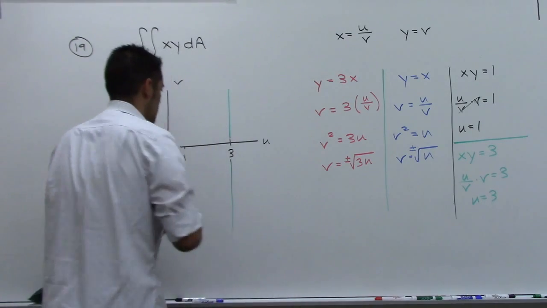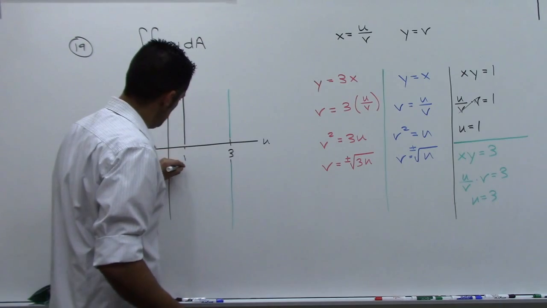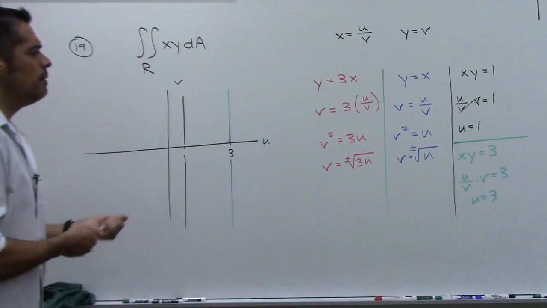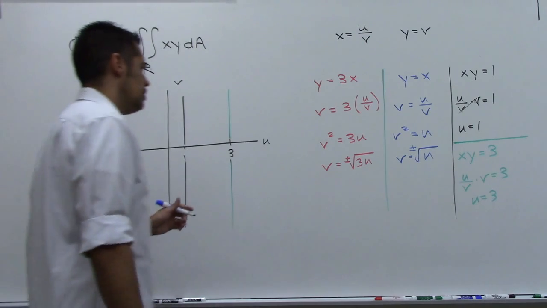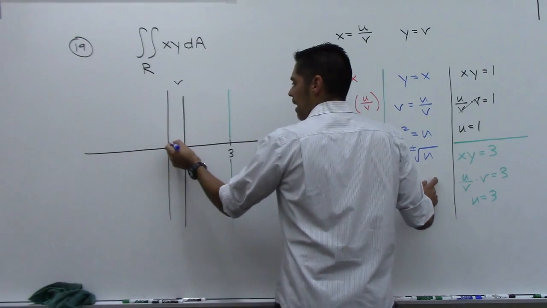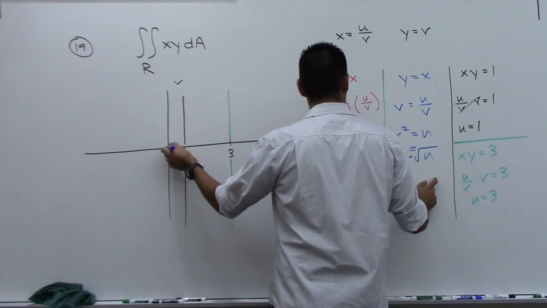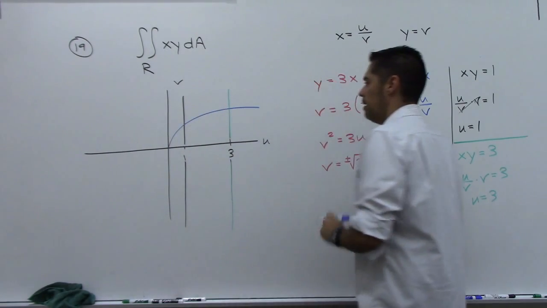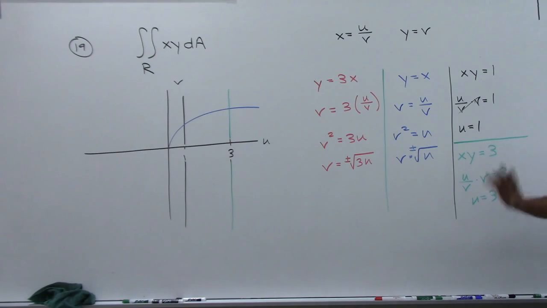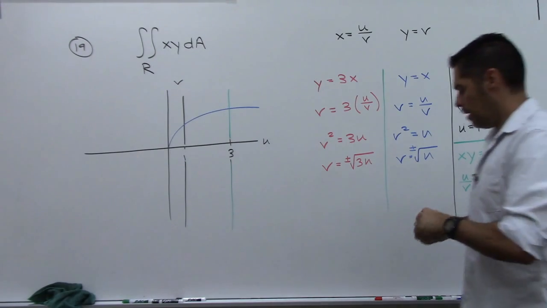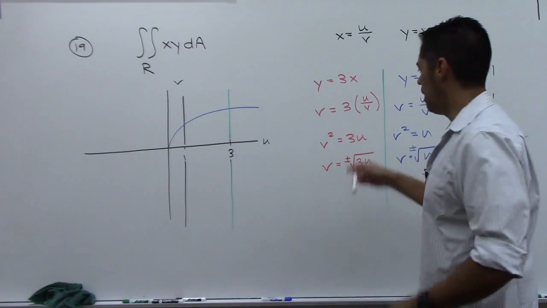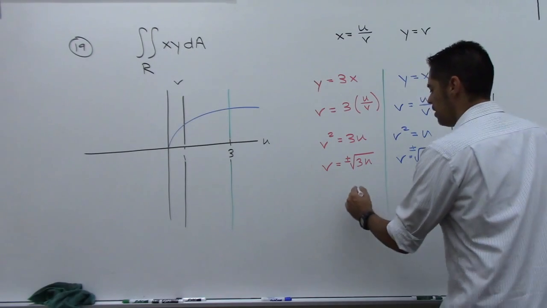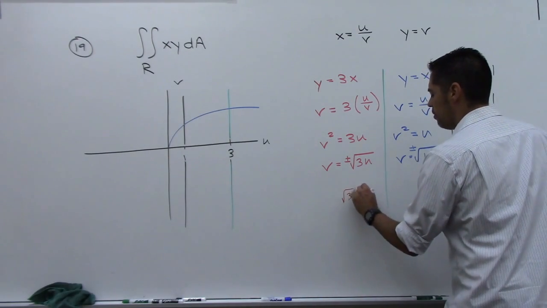The black curve turned into this. The blue curve. Okay, so we have plus root u minus root u. So we're going to have root u looks like this, right? And negative root u would be the bottom one, but I'll talk about that in a second. And then the red one would be plus or minus root 3u, which is the same as root 3 times root u.